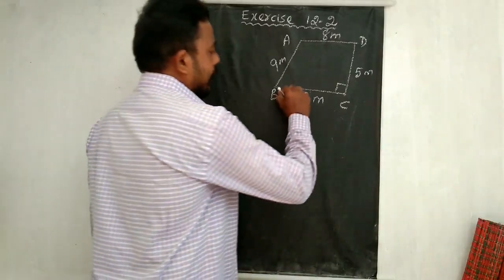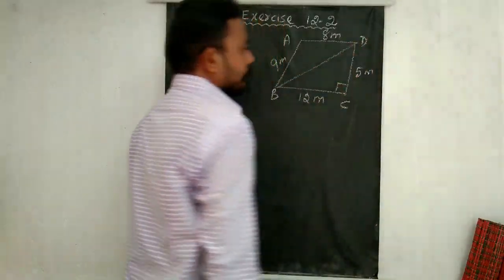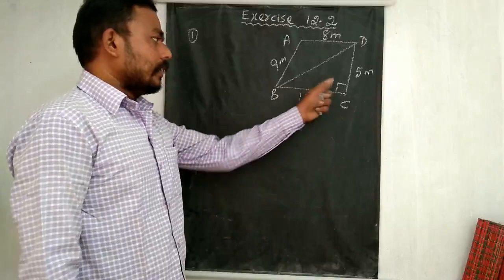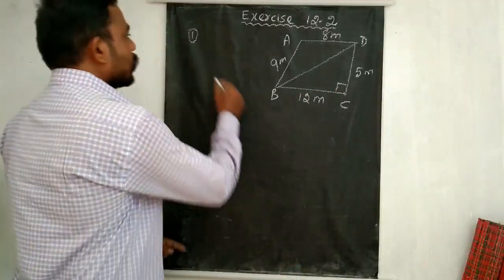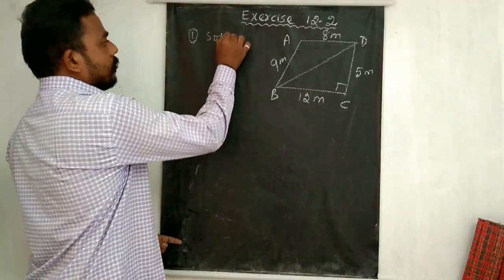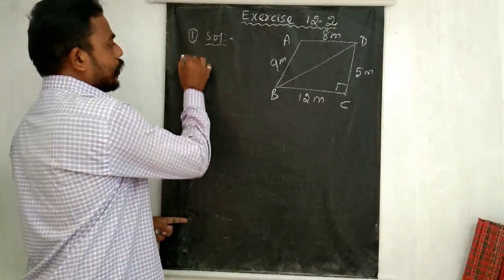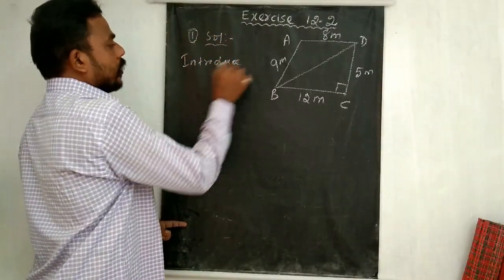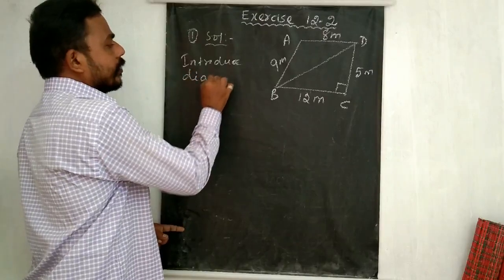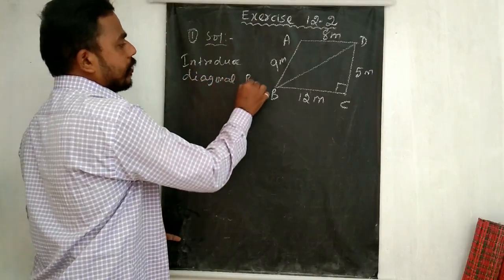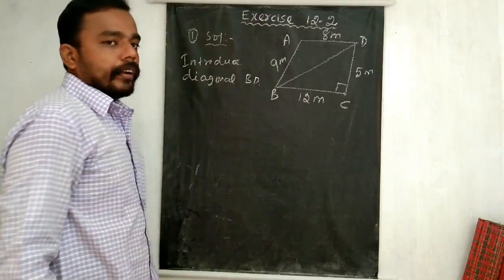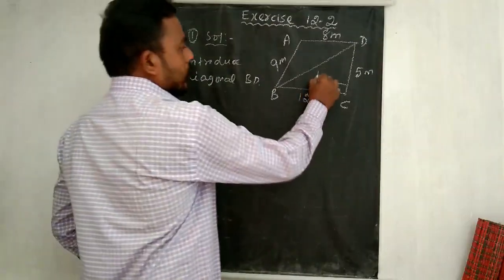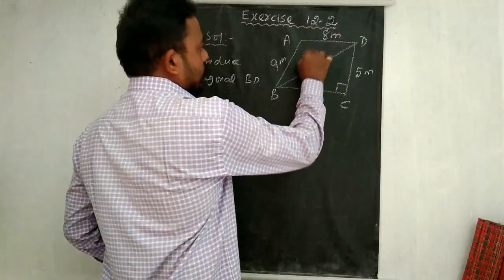Solution: introduce diagonal BD. So this is our triangle 1, this is our triangle 2.